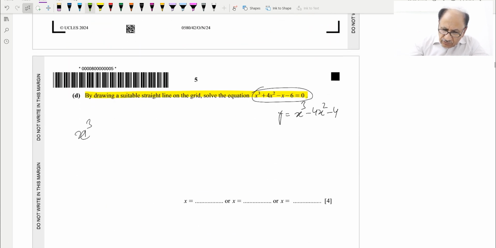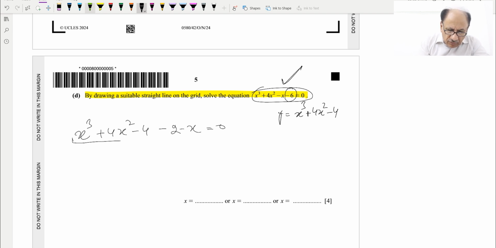So this one I can change to plus. So plus 4x square is also there, and minus 4. So this is minus 6 over here. So we'll split it into minus 4, and minus 2 will be remaining, and minus x will be remaining, is equal to 0.